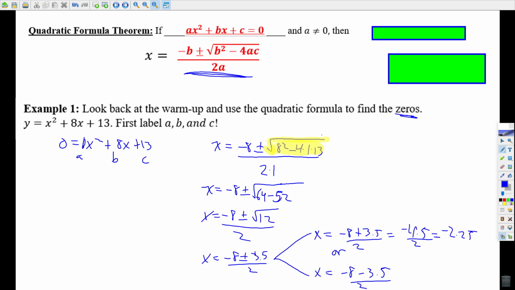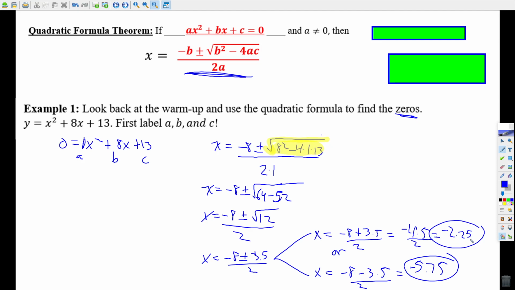That's one of your answers. That's pretty ugly here. And then the other one, we have negative 8 minus 3.5, which is negative 11.5. We divide that by 2, negative 5.75. So there's your two answers.